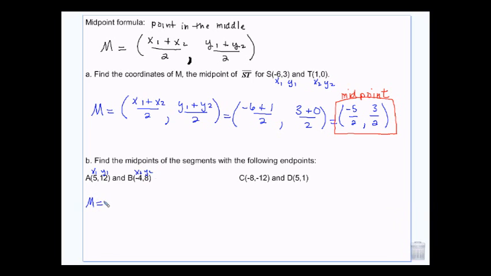So the midpoint is x1 plus x2, oops, x2 is not 2, it's 4, divided by 2, y1 plus y2 divided by 2. 5 plus negative 4 is 1. 12 plus 8 is 20. Now this one actually does divide, so 1/2 and 10.